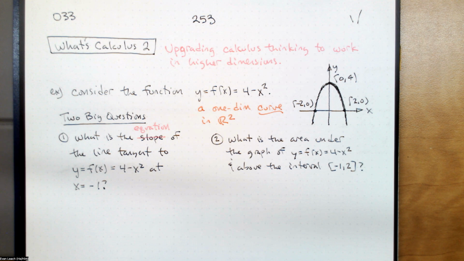The other thing I want to specifically do, the reason I want to write this down, is that I want to make sure that we don't just say area under the curve, but specifically, we are looking for the area under the curve and above an interval. We're looking for the slope of the tangent, the equation of a tangent line, and then we're looking for the area under a curve and above an interval.